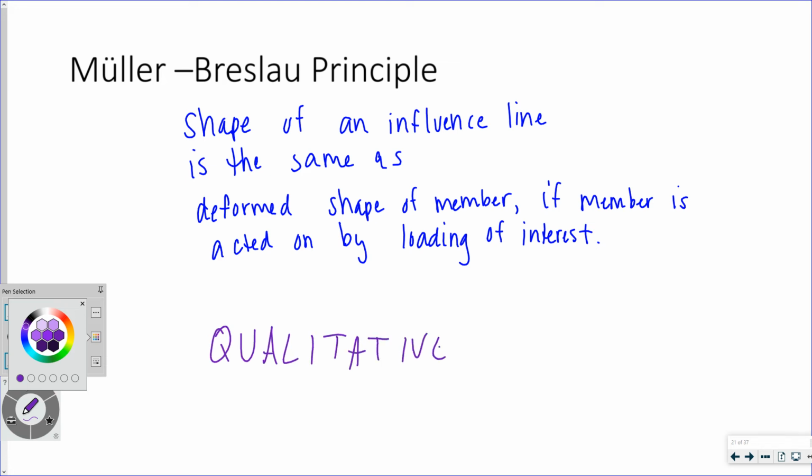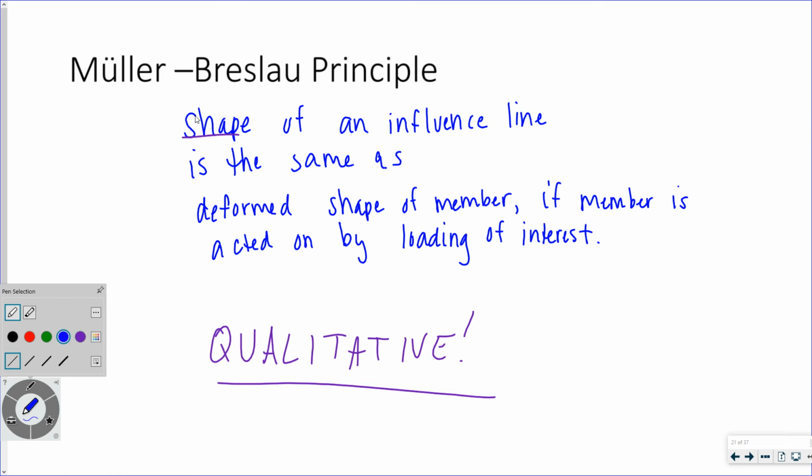Qualitative. Right? So we're talking about the shape, not the actual numbers. So if you want to know the shape of an influence line, apply the load of interest and see what it looks like. We'll show you what that means in a second.